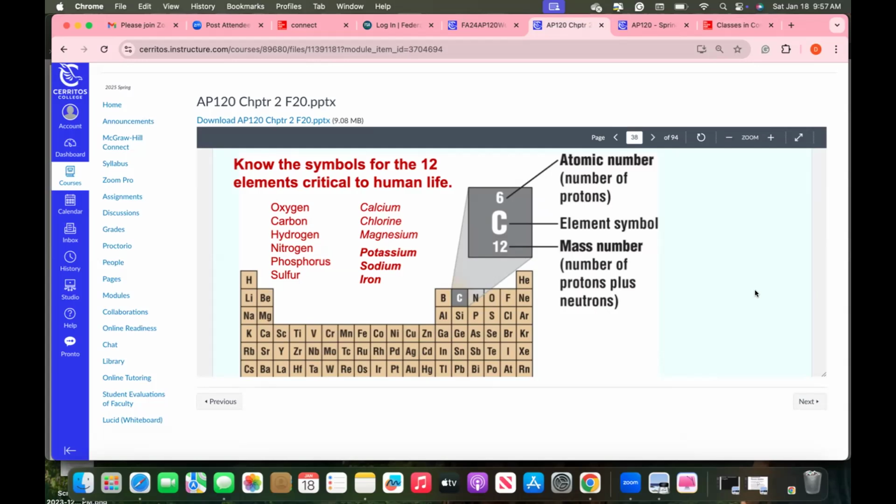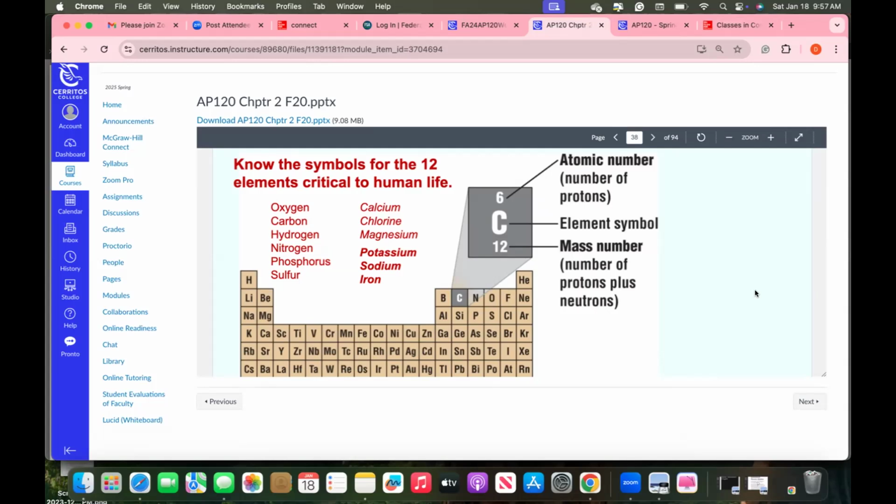S. Calcium is over here in the second column on the left. That's Ca, like California. Chlorine is Cl. Chlorine is down here on the other side of the table, under fluorine.